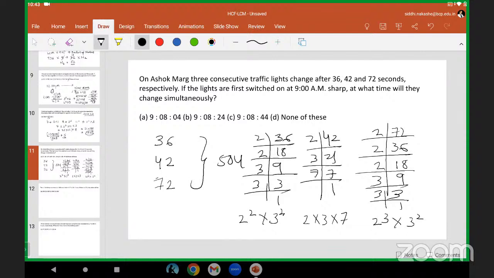So if you take all the terms, we get 504. If you look, 480 seconds is 8 minutes. So how much additional time do we have? Over here it is 24 seconds, to get 504. So this will be the answer, 504.